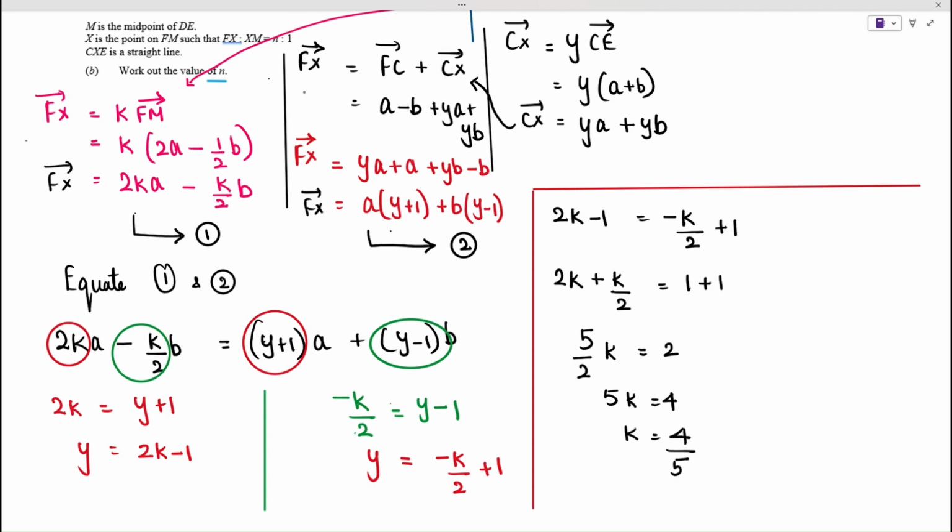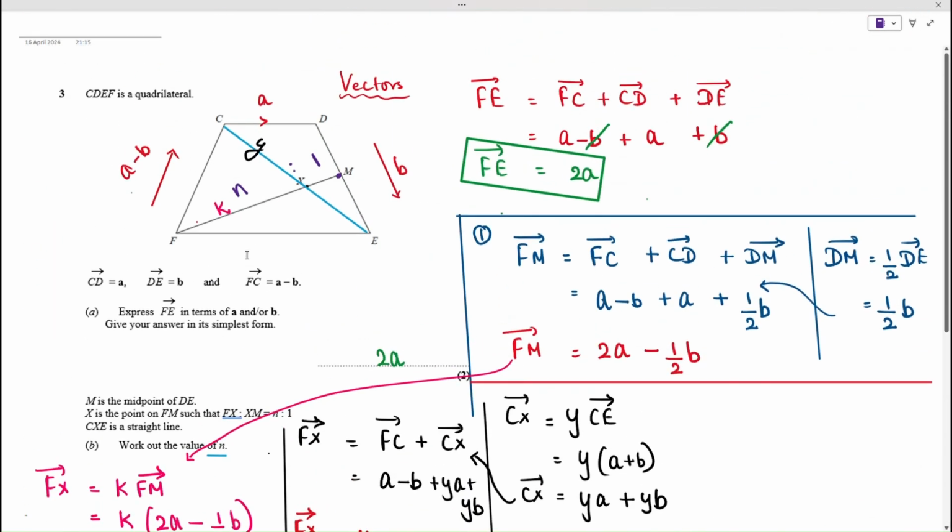Now this is only the fraction that we've multiplied f to m by. So now we have to find a way of finding the value of n. So we know that k is a fraction, i.e. the ratio of two values to each other. So f to x has the ratio of n, and that of f to m is 1.